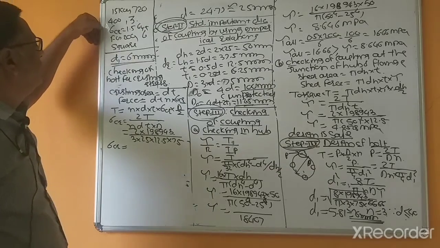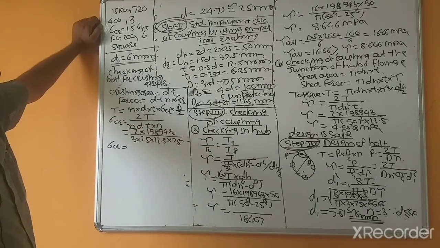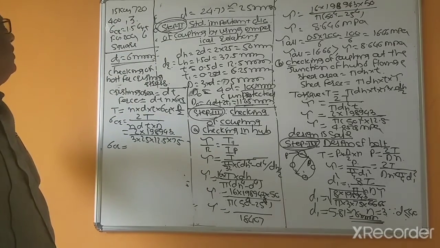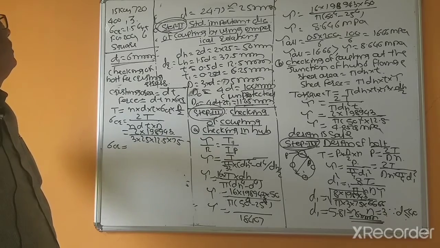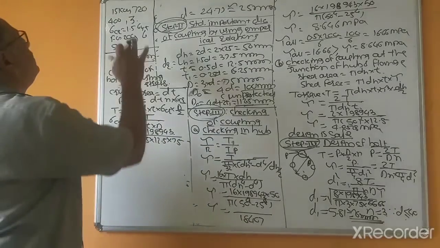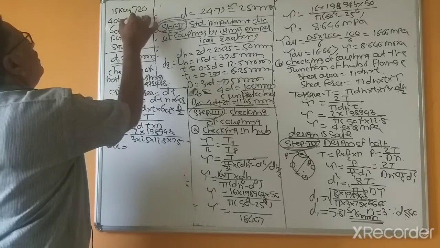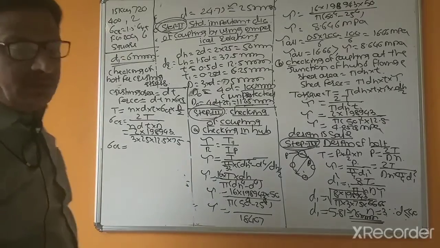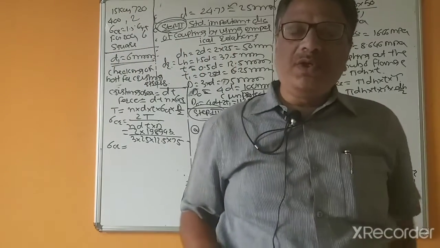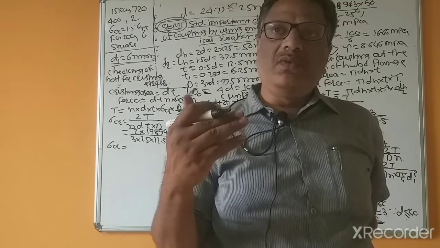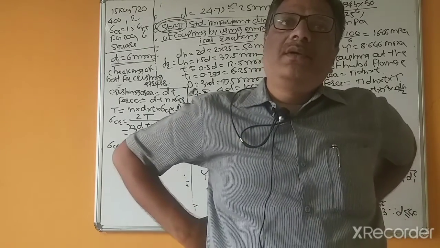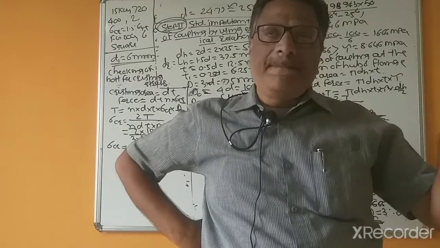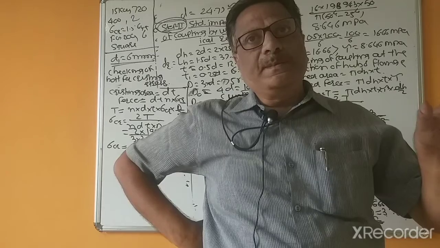Oh sorry, I think we made a mistake. Factor of safety 3, tau equal to, we assume, otherwise we will change it in the problems. Take this as 2, because we consider factor of safety equal to 2, so 200 divided by... tau equal to 0.5 multiplied by 200 divided by 3 means 66.